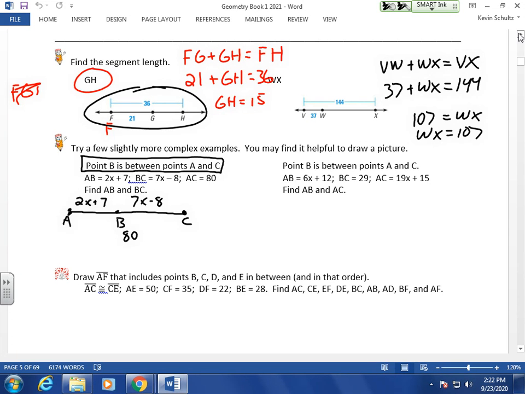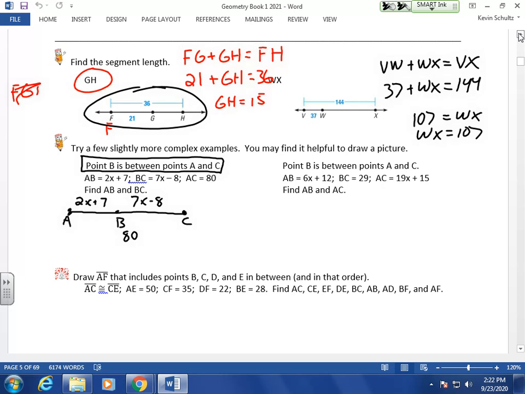Now, let's say that you don't have any of this information above. Okay, I'm covering it up with my hand, but you can still see it. How would I know, based on my diagram only, that that 80 refers to AC and not BC? It has to do with where it's written.